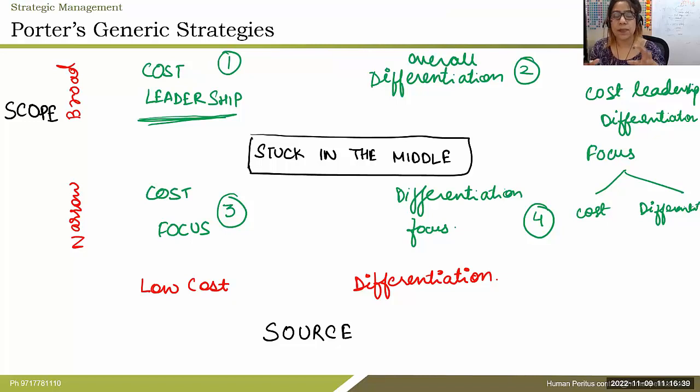Why are you stuck in the middle? Because there's a chaos that happens, right? So to gain competitive advantage, an organization has to opt for any one of the strategies. If you try to choose multiple strategies, you get stuck in the middle. So it is always good to take one option as a strategy, one at a time.